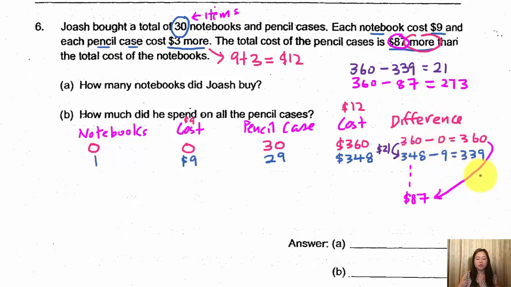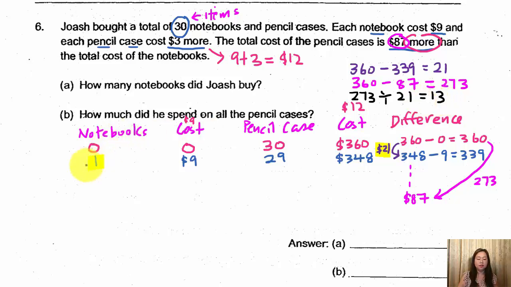So what this means is there is a drop of 273. So if every time we add 1 notebook, there will be a drop of $21. So how many times do we need to add the notebook in order to have a drop of 273? So right now, we just have to use 273 divided by 21, which is equal to 13.